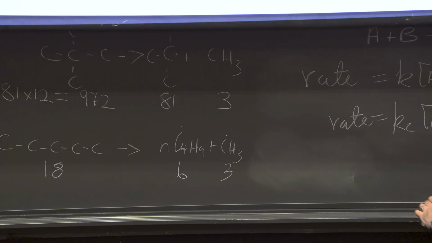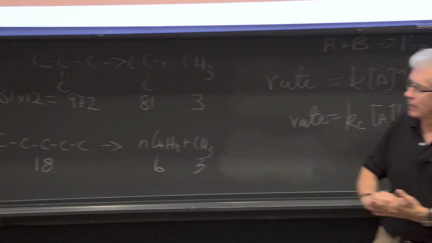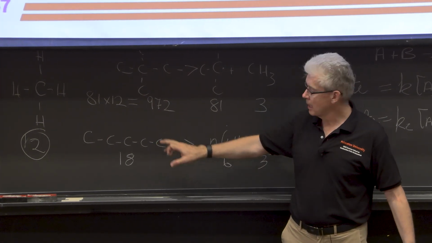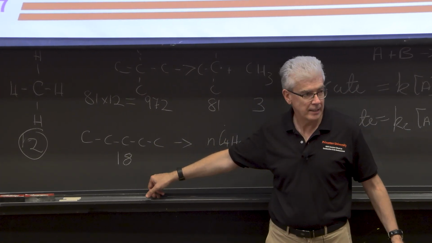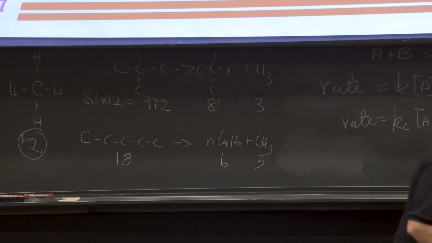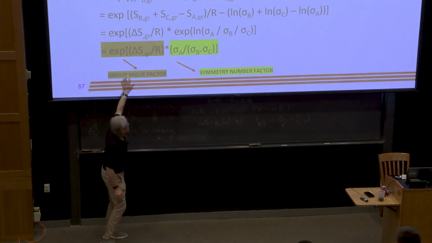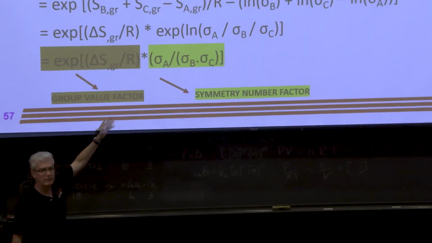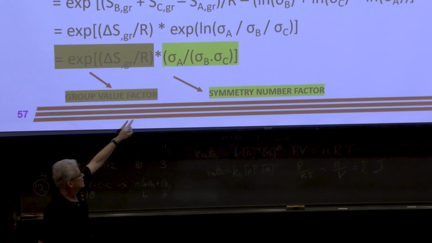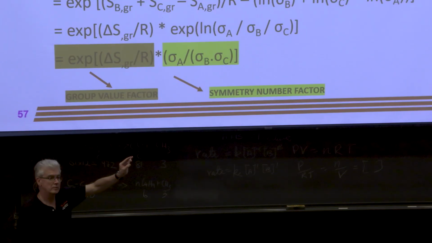What's sticking out a mile is neopentane is 972, right? N-pentane is only 18. Okay, so let's now do the group value factor. We can't control that. Whatever comes out from the groups comes out from the groups, right? Times the symmetry number factor in the rate constant for reaction.